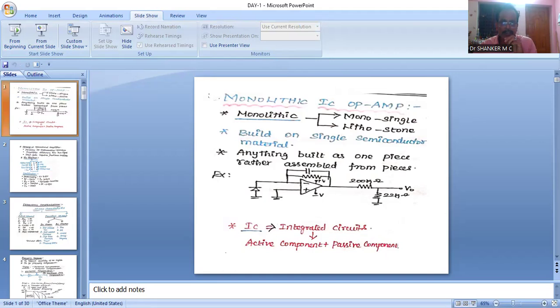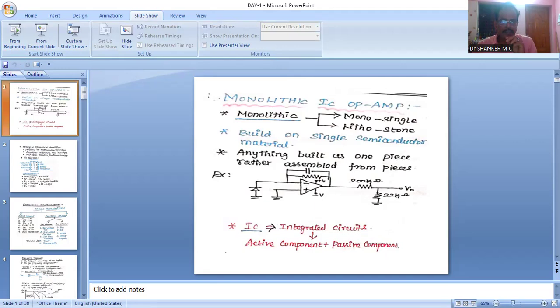This provides some leakage current, called ICO, which will disturb the gain and other parameters. That's why in an ideal case it should be 0. Then only will you get infinite gain, infinite input impedance, output impedance of 0, and the CMRR, that is common mode rejection ratio, will be infinite.